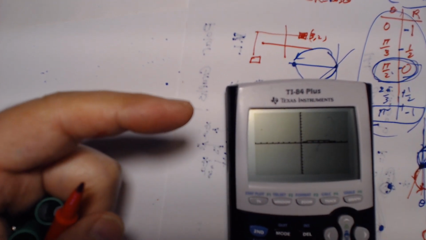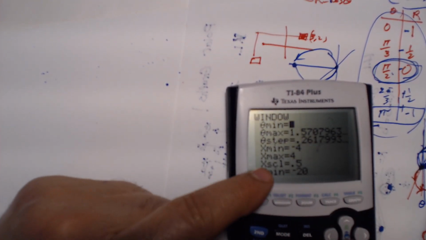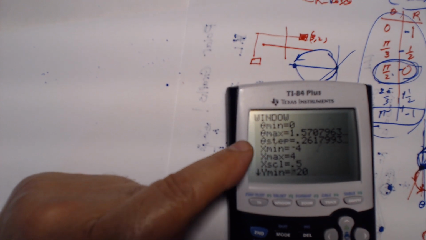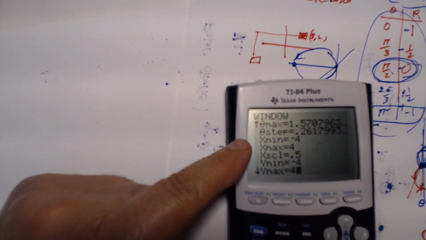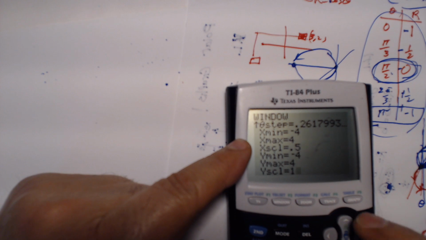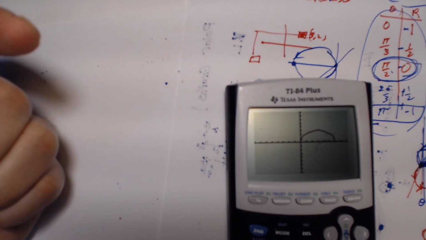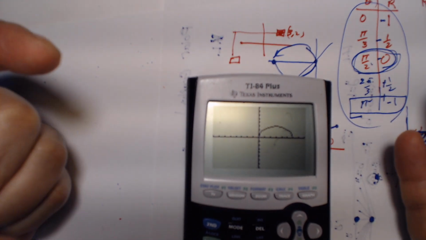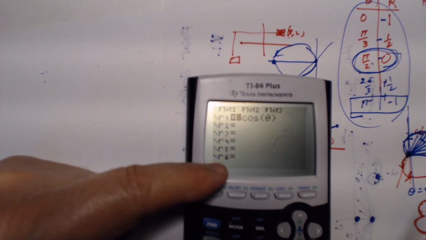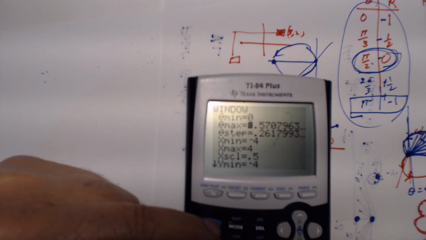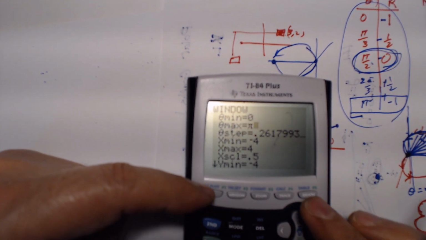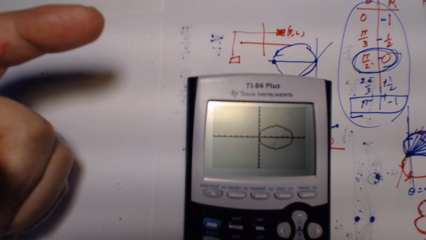I said yes, but I need to set up my window, maybe from -4 to 4 with a scale of 1. A scale of 0.5 is good in here. And see, I got half a circle. Somebody said, why half a circle? Because I put only 0 to pi over 2. If I make it pi, you get a full circle.